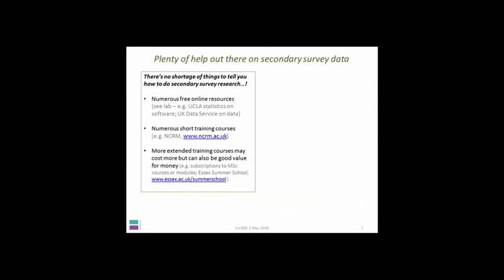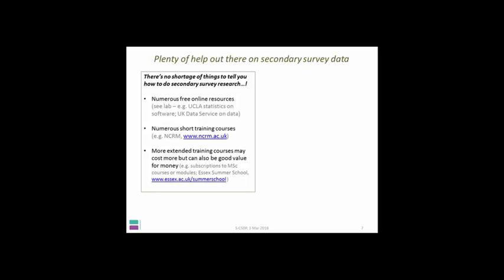You can do it remotely in one way or another. And the other important point to say in introducing secondary survey data is that there's a lot of supplementary resources out there that can help you through the process if you're thinking of trying out some of these activities.